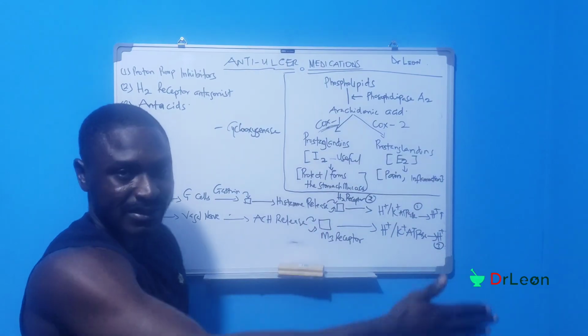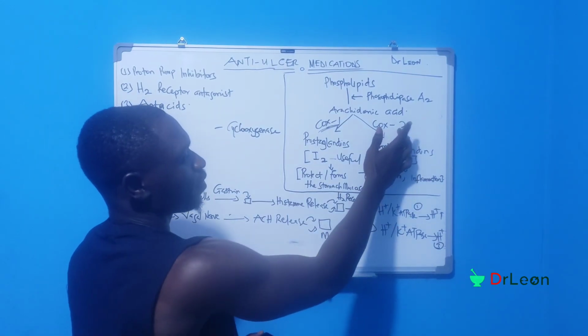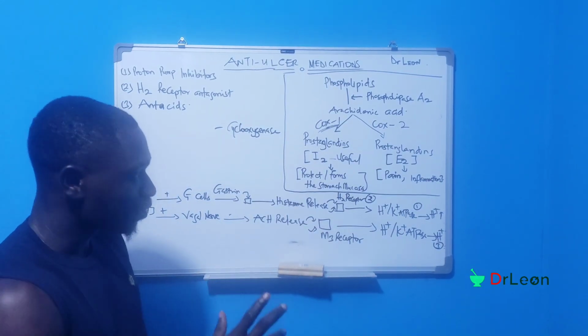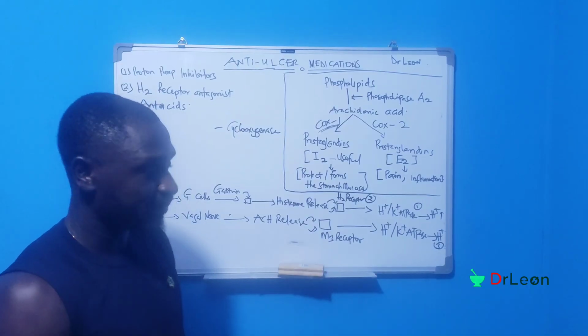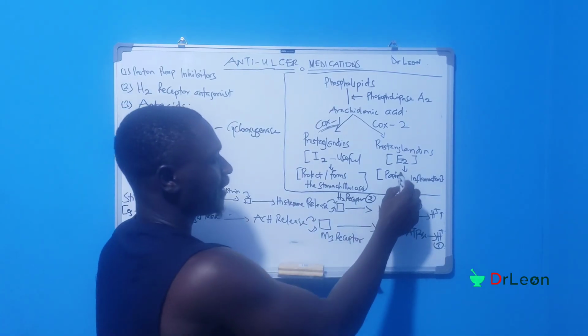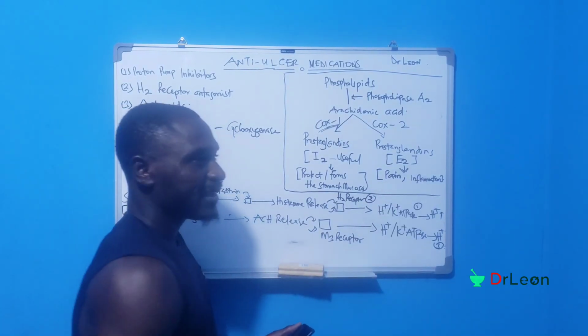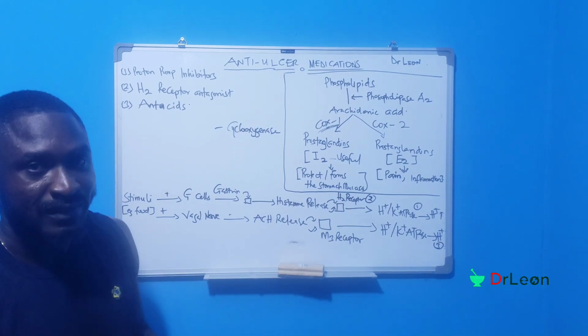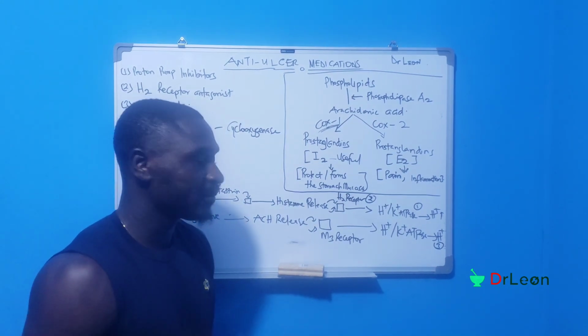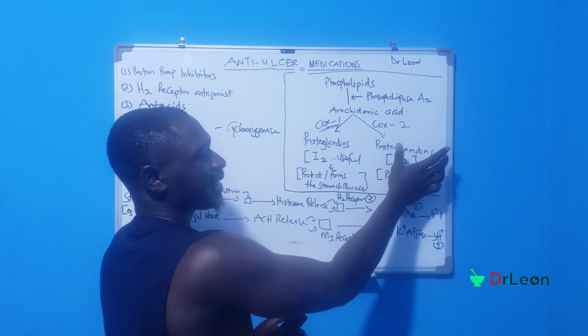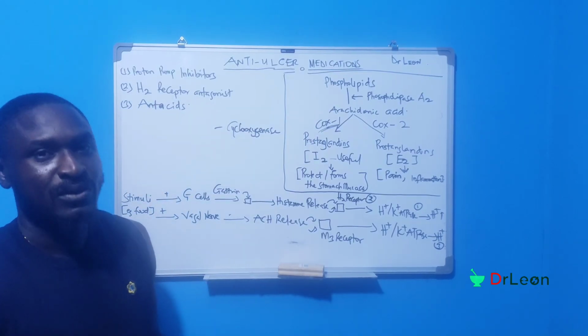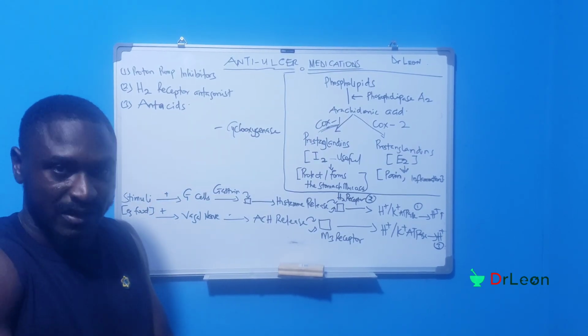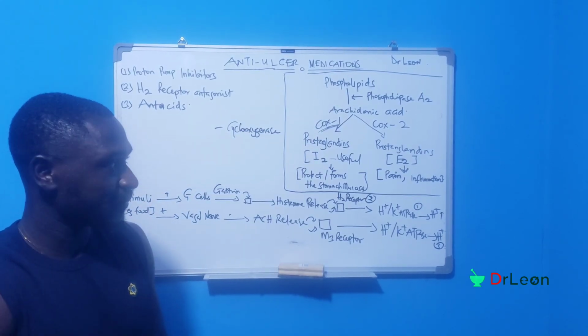And then there is the other side, which is COX2. COX2 produces prostaglandin, but this type of prostaglandin actually is the neurotransmitter for pain. When you get an injury, it is that particular prostaglandin that makes you feel pain, or that actually causes inflammation on that side. You get it?